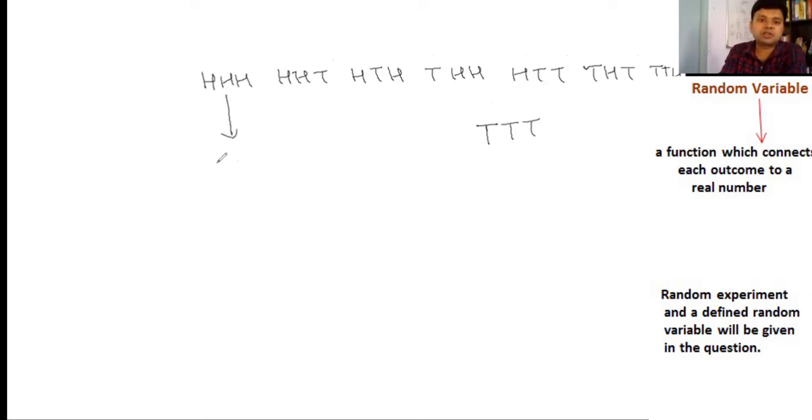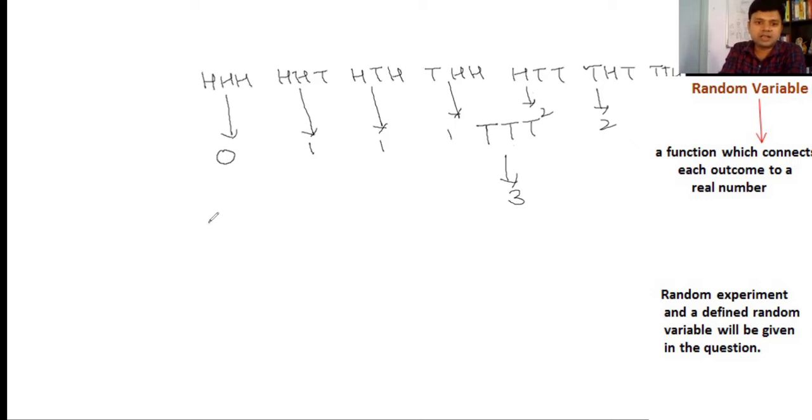How many tails in each outcome? This is 0 tails in this outcome. How many here? It is 1. How many here? It is 1, 1, 2, 2, 2, and here 3.